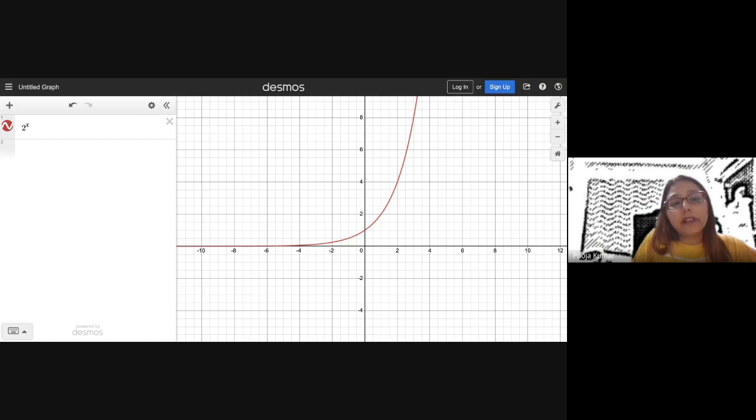Same way, if it was 5 raised to power -3, it becomes 1 upon 5 raised to power 3. If it was 5 over 2 raised to power -3, take the reciprocal, it becomes 2 over 5 raised to power 3. That is one of the rules of exponents.